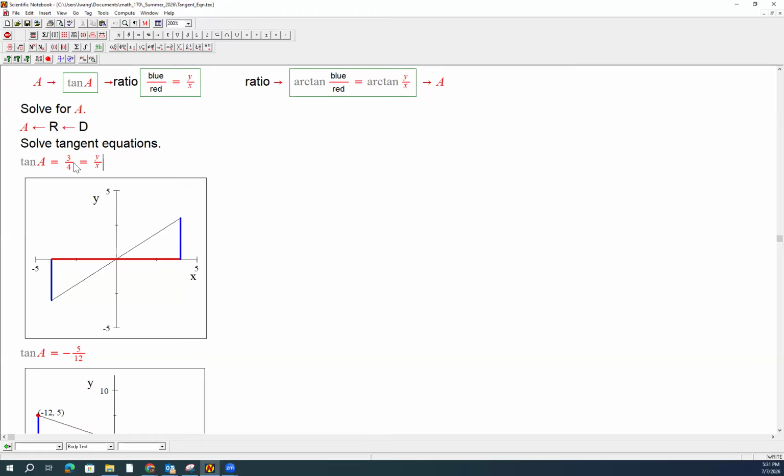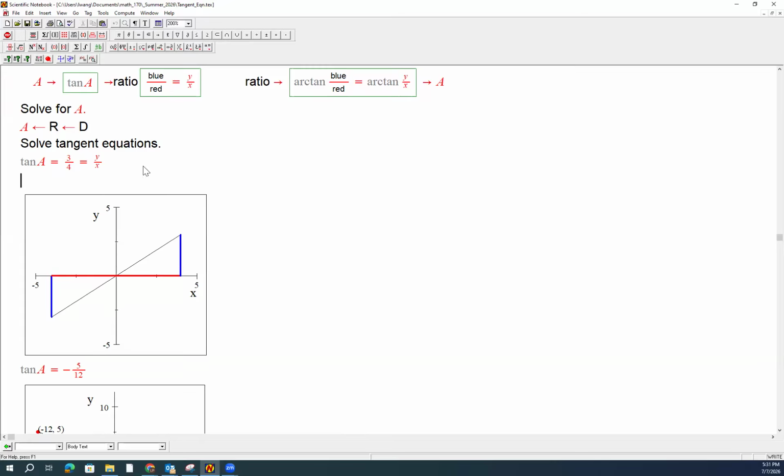We know algebraically that to get 3 over 4, y could be 3 and x could be 4. So think about algebraically what y and x could be that will result in a ratio of 3/4.